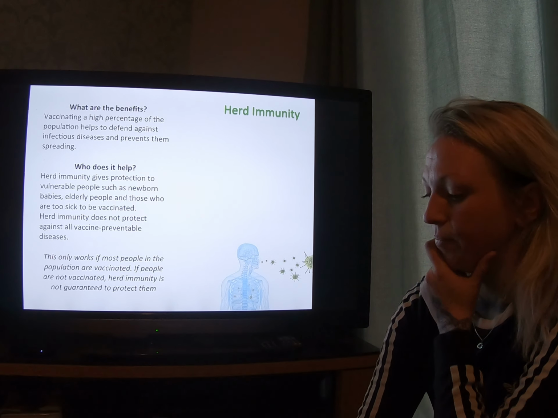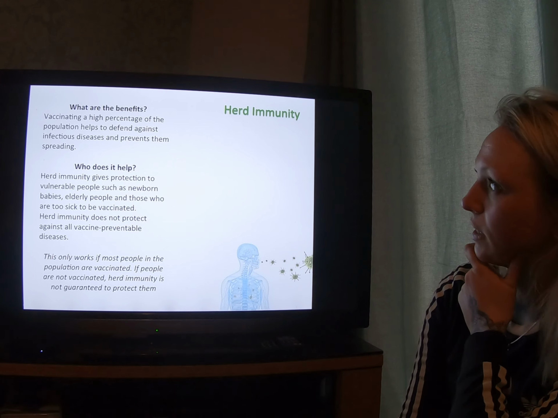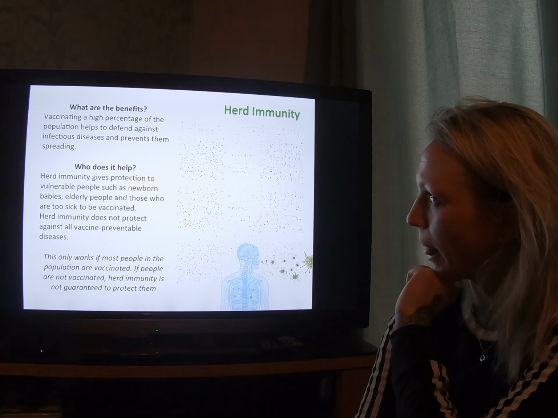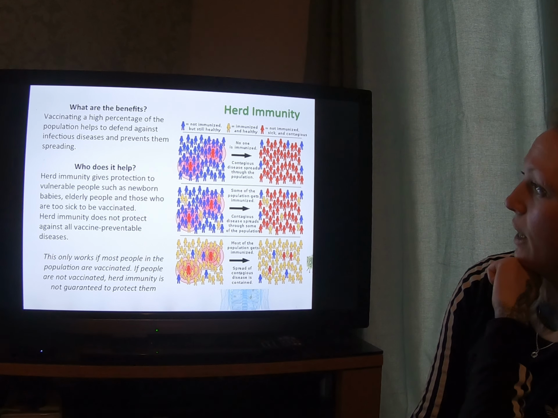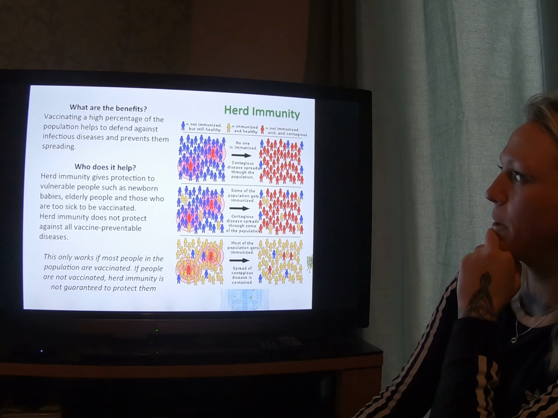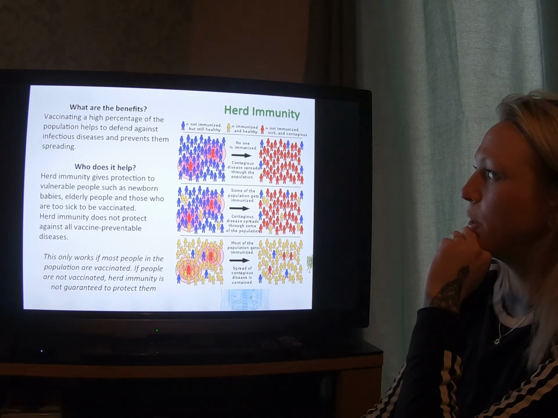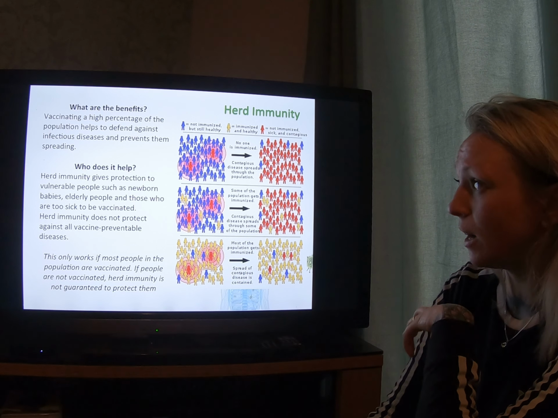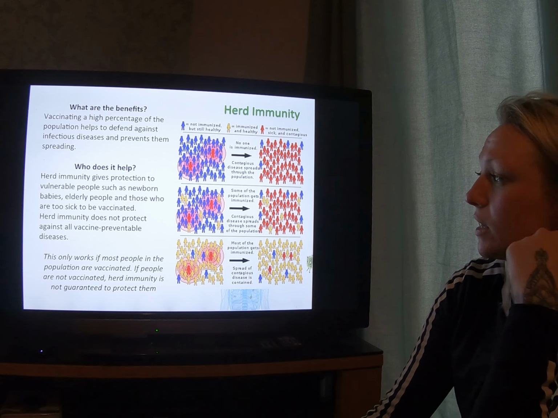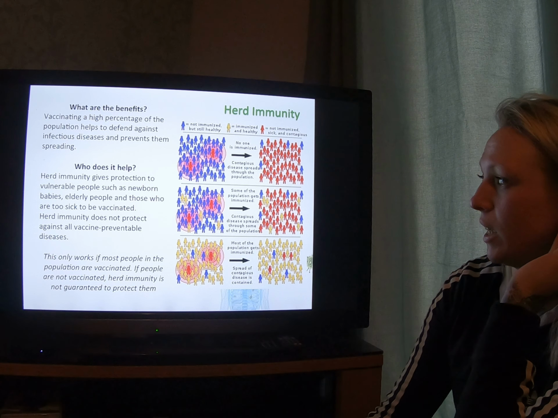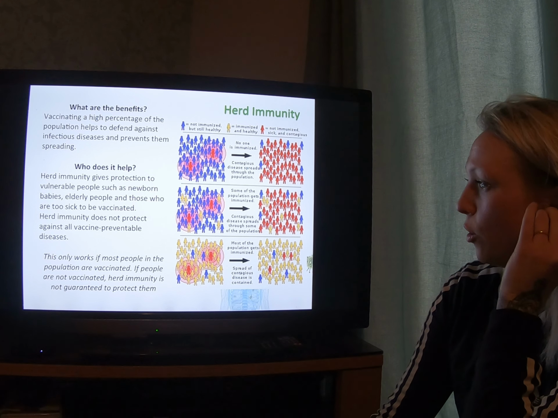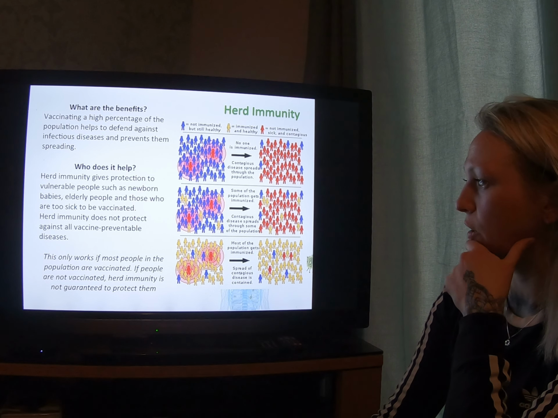So herd immunity, what are the benefits? If you vaccinate a large number of people, herd immunity gives protection to vulnerable people such as newborn babies, the elderly, and those who are too sick to be vaccinated. It does not protect against all vaccine preventable diseases, and it only works if people in the population are vaccinated.